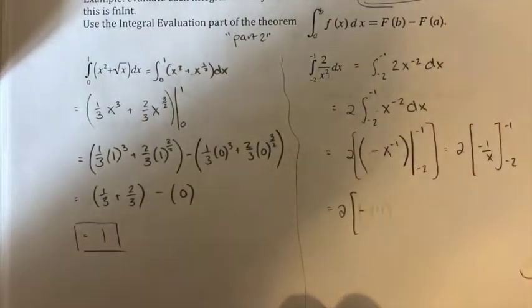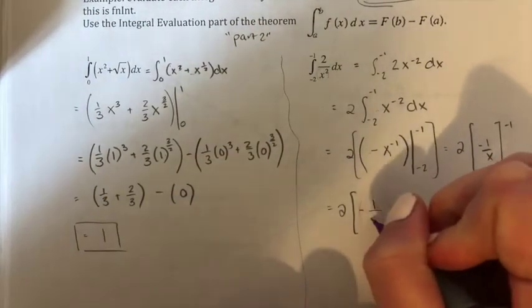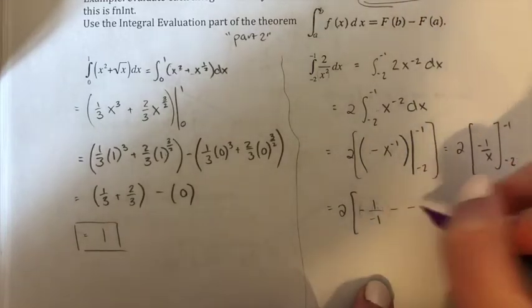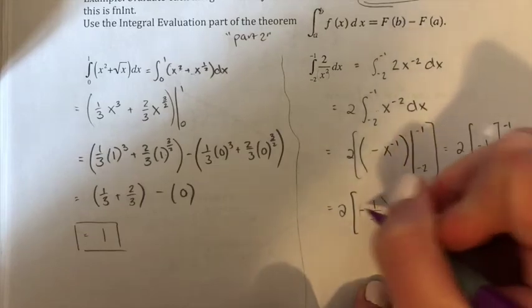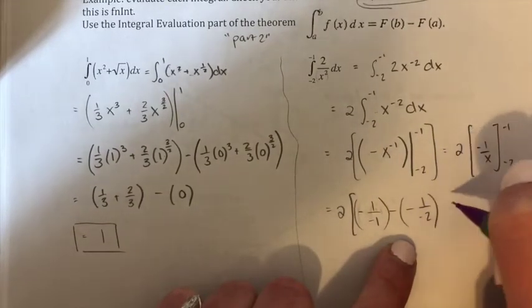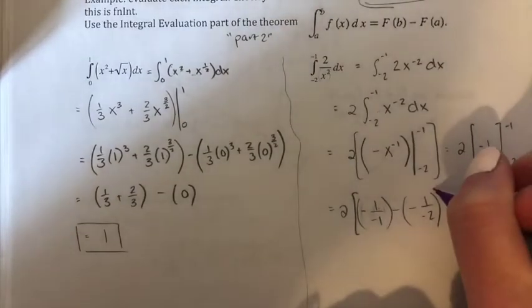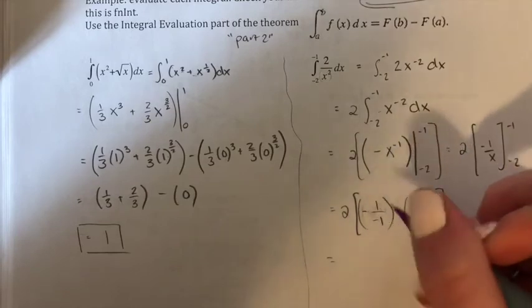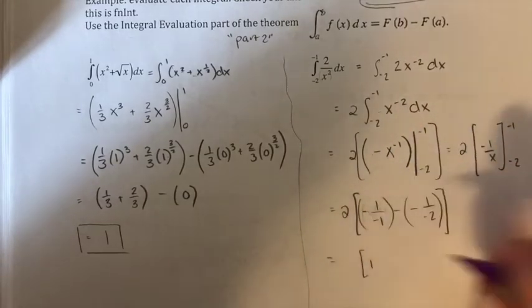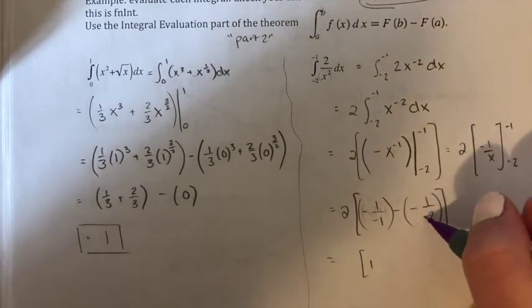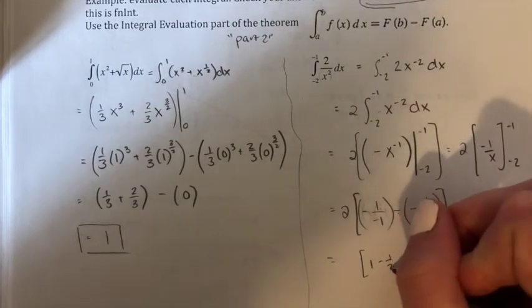So it's going to be -1 over -1 minus, gosh, it's confusing, minus -1 over -2. So there's all sorts of negatives in here. So -1 divided by -1, that's a positive 1. So 1. And then negative times negative is a positive, negative, so this is still a negative.